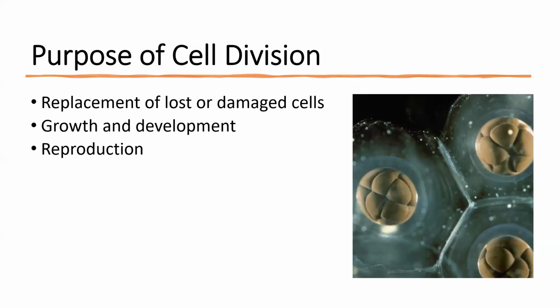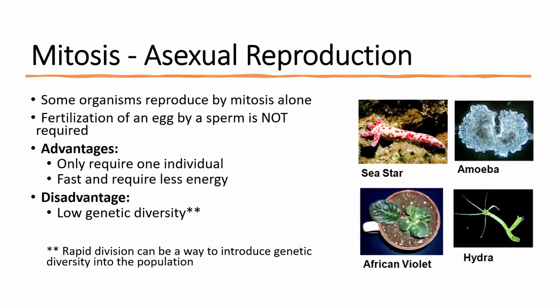That last part is not true for humans because humans reproduce sexually. You need two individuals, each contributing half of the genetic materials. But some organisms reproduce asexually. Only one individual is needed, and they do so through cell division.